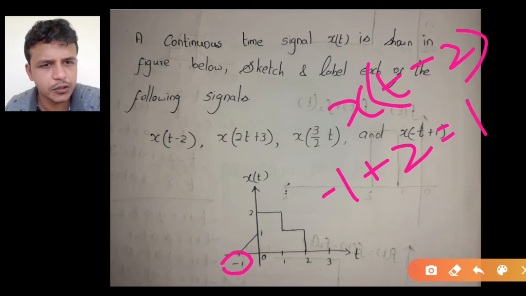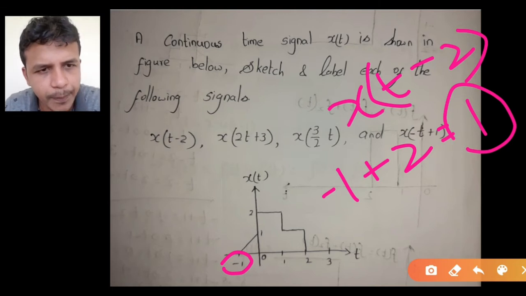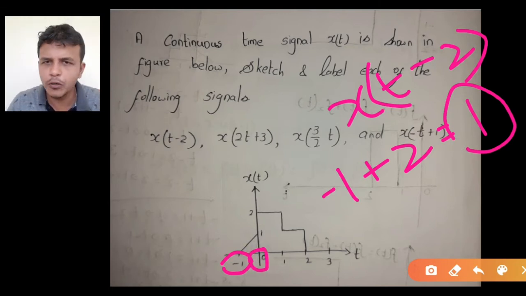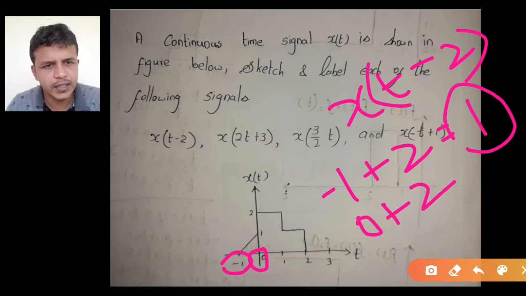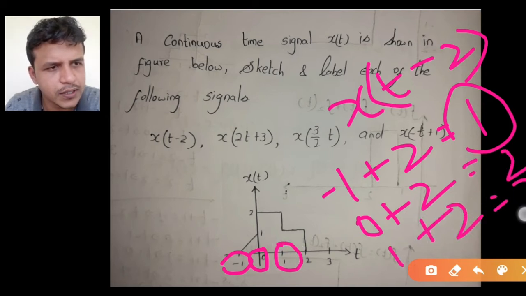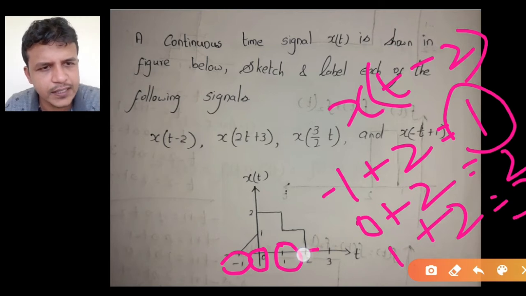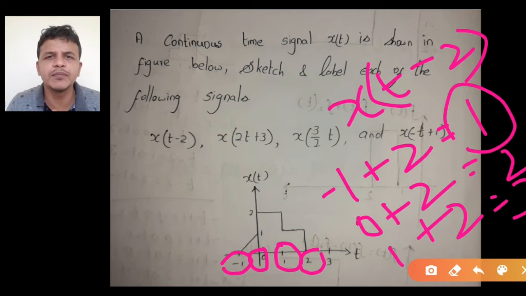The thing that is happening at 0 should happen at 0 plus 2, that is 2. The thing that is happening at t equal to 1 should happen at 1 plus 2, that is 3, and the thing that is happening at 2 should happen at t equal to 4. So this is the time shifting operation, and to be specific, it is a time delayed operation.